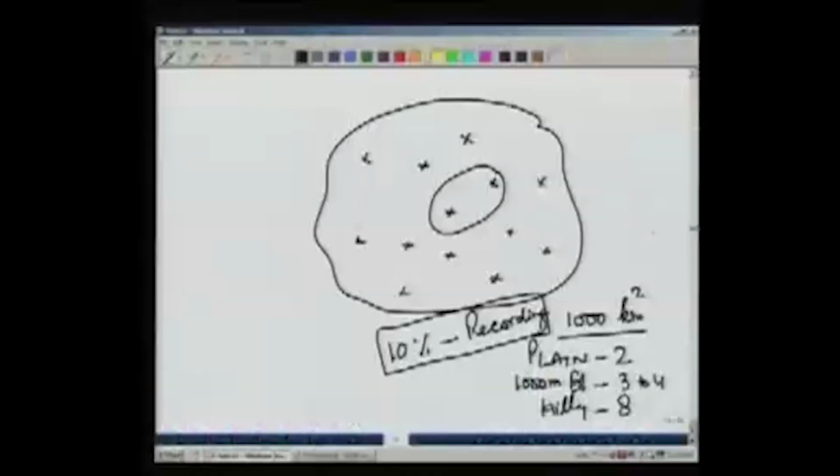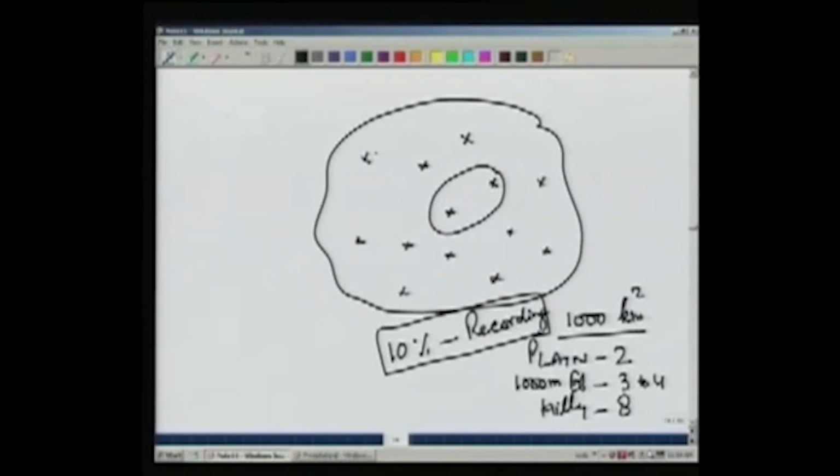In the data analysis part, let's start with, suppose we have a network of rain gauges like this, and we have collected the data over, let's say, a period of a year. Now some of the data may be missing.